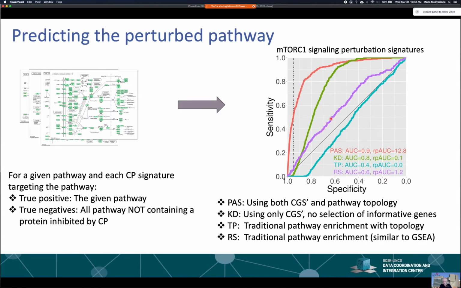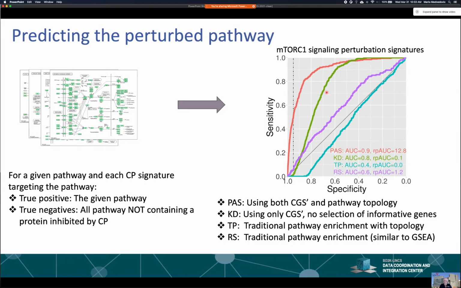So this purple line is not using the knockdown signatures. We have two different methods that are not using the signatures, just looking at enrichment of differentially expressed genes.